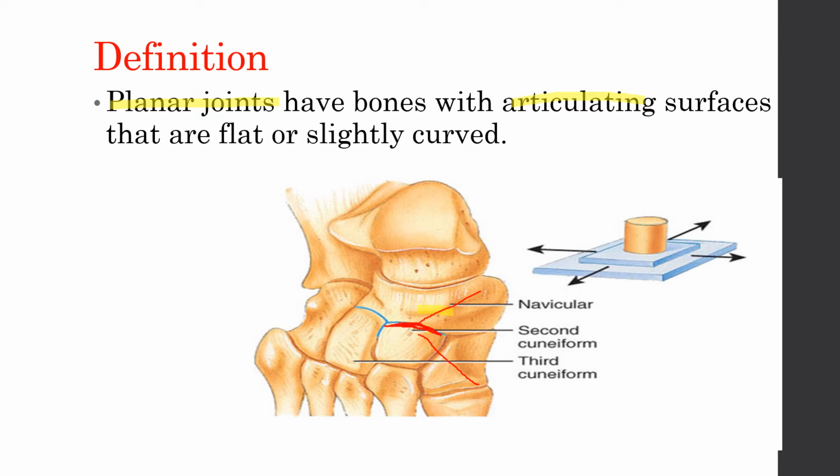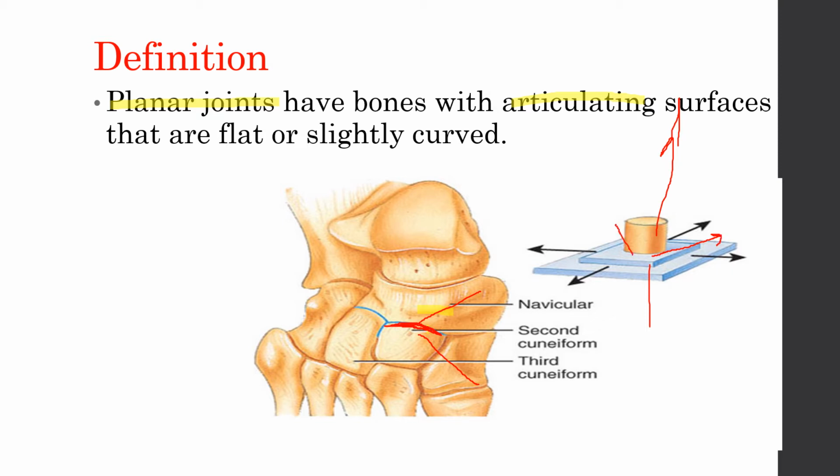You have to note that the planar joint always consists of flat or slightly curved surfaces. For example, this is one bone and that is the other bone. You can see the attaching surfaces of both bones are flat or slightly curved.